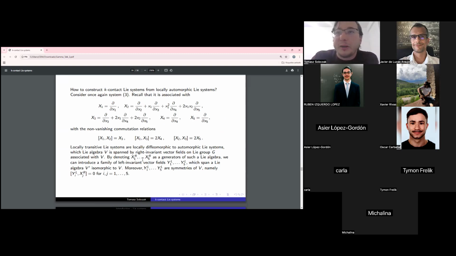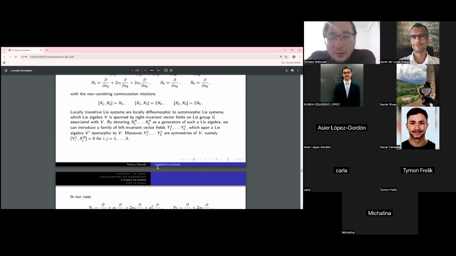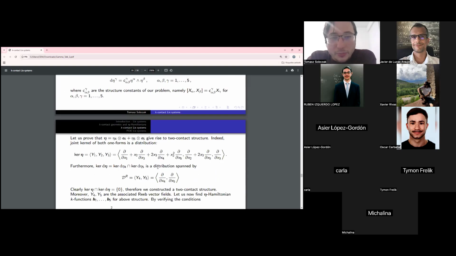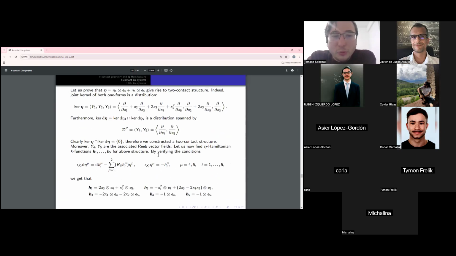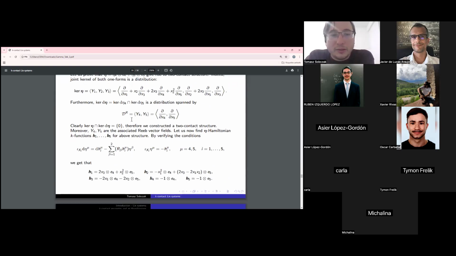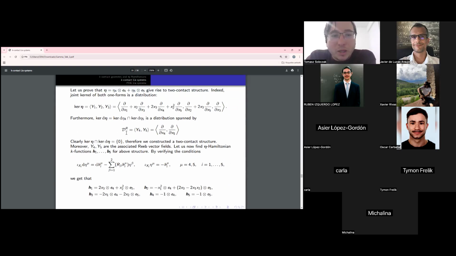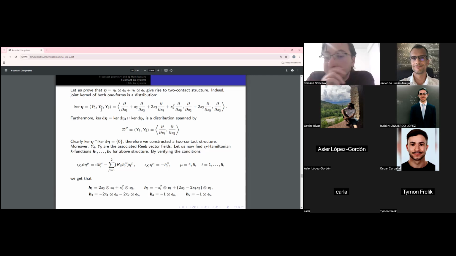One was a projectable one, one was not. So I believe if you can find one, it's only associated with the one. I mean, if I understood it correctly.